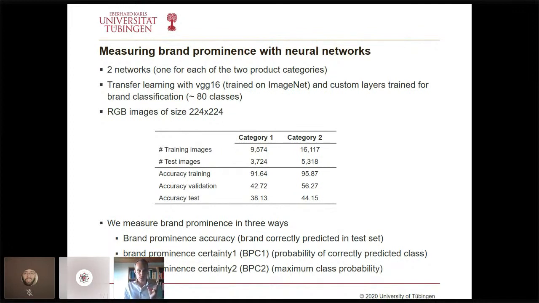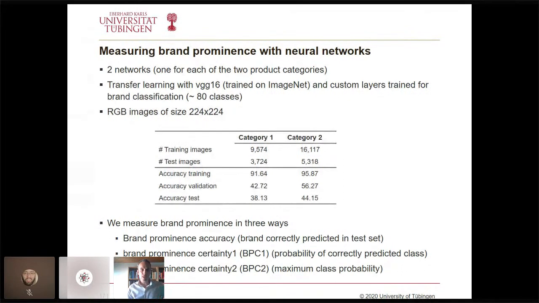We apply the transfer learning approach on the VGG16 net that is trained on ImageNet data, and we add 4 custom layers that we train for brand classification, so to correctly identify the brand. As an input, we use 224 by 224 RGB images.